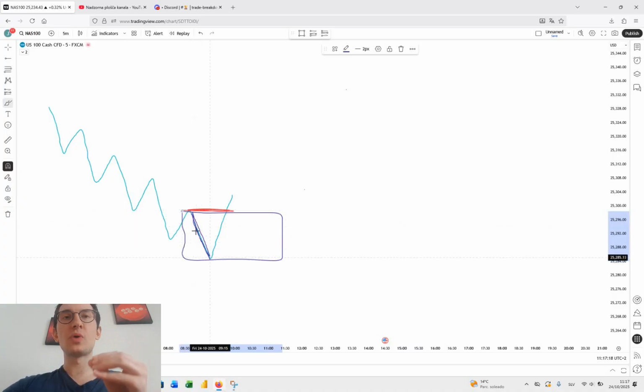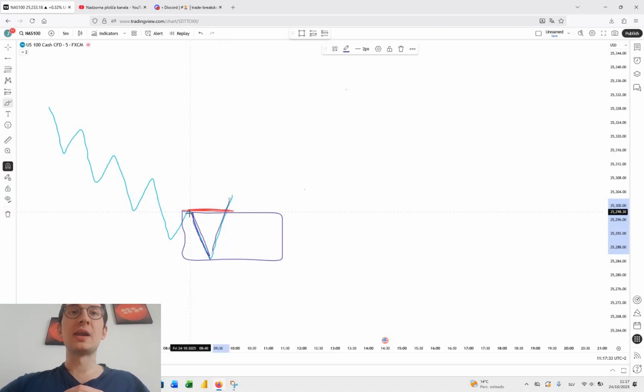The move went down. We took all of those orders, because here all of those orders were probably buying orders. We fulfilled those buying orders and then we went up, we broke the structure, and therefore the last move to the downside before breaking the structure is our order block.